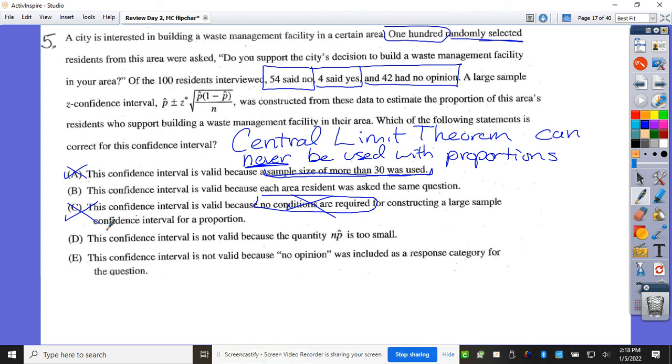If we are doing this, how many options are there going to be? 2. Well, how many options were there? 3. Now, it said we're finding it for the proportion who support building a waste management facility, which means success is going to be they support. So what is failure going to be? They don't support, anything else.